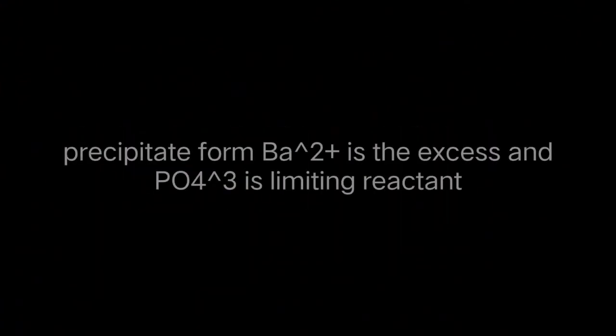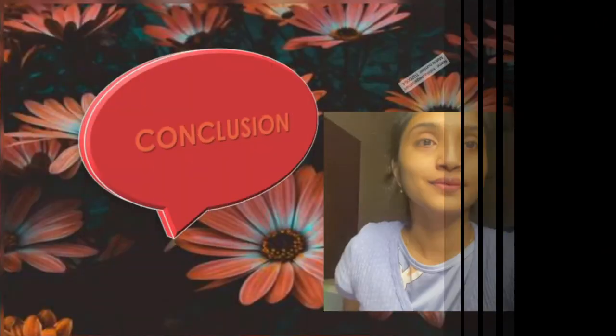Next, we tested for excess Ba2+ by adding 2 drops of test reagent 0.5 M Na3PO4 to the 500 ml of the supernatant liquid in beaker 2. As a result, we can see the precipitate form, so Ba2+ is the excess and PO4 3- is the limiting reactant in the original salt mixture.